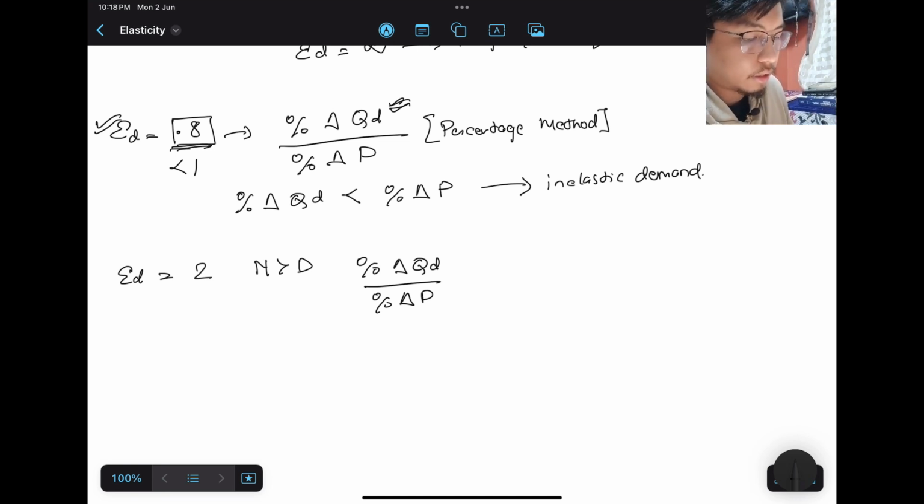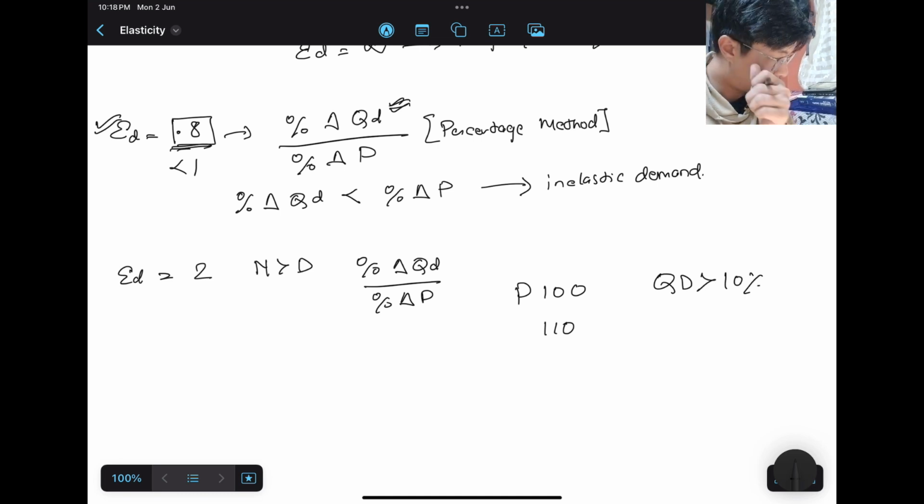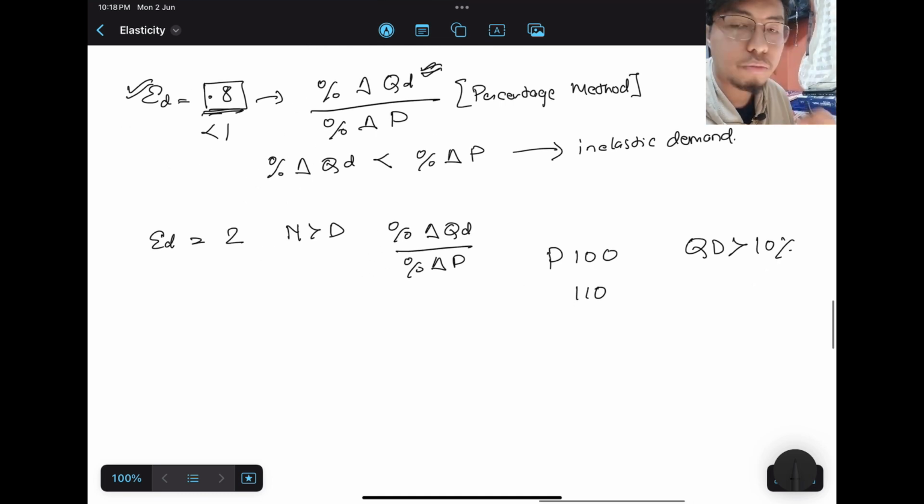That means when price changed, let's say prices changed by 10%, the price was 100 and became 110, that means quantity demanded changed by more than 10%. Change in quantity demanded was more than 10%. That is how you have to understand.